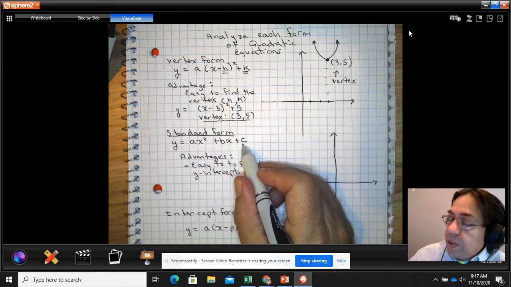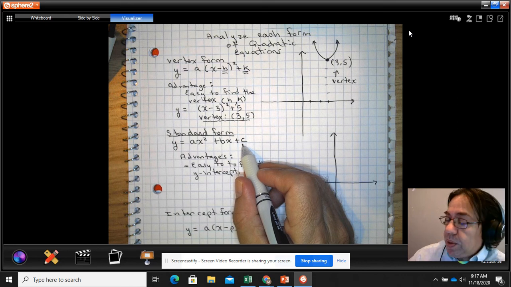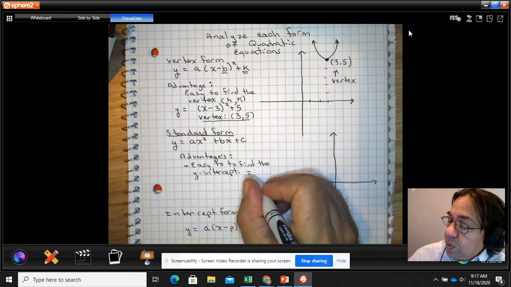Why? Because it's always c. Whatever this number is right here, that's your y-intercept. It's equal to c.